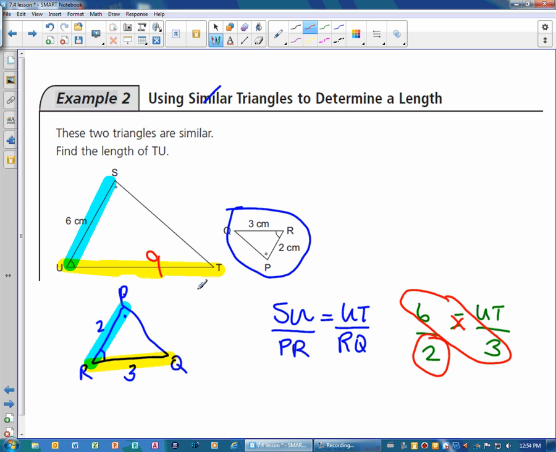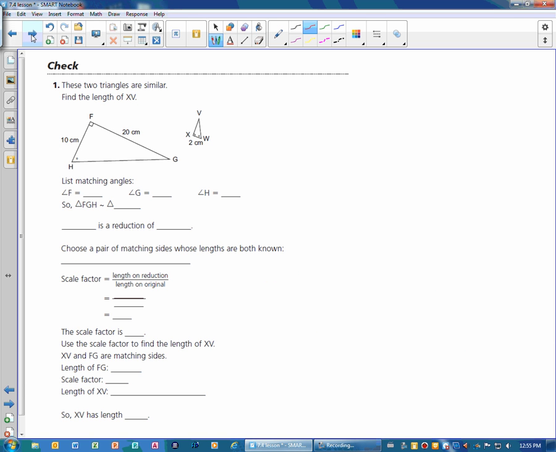So UT is 9. Or even easier, 2 times 3 is 6, so 3 times 3 is 9. You might have caught that one a little faster. Either way, it's fine.